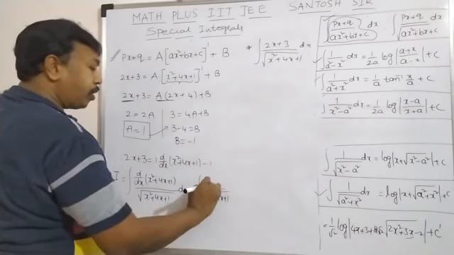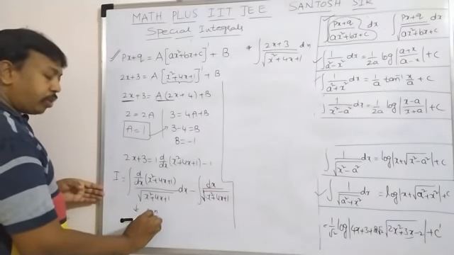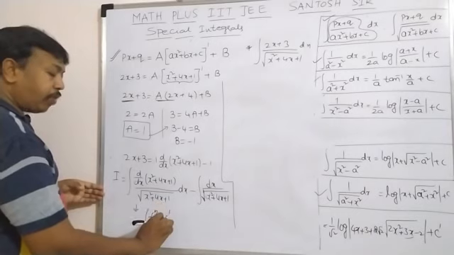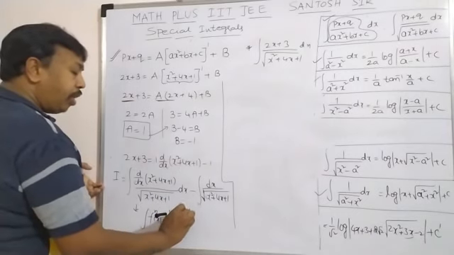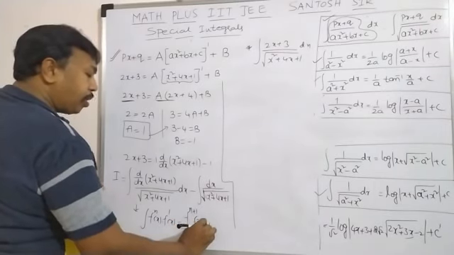Now we apply a formula: the integration of f power n of x into f dash of x is f power n plus 1 of x upon n plus 1 plus c.